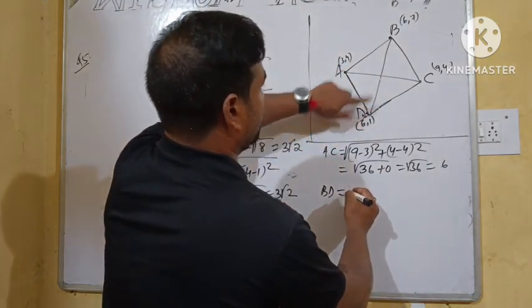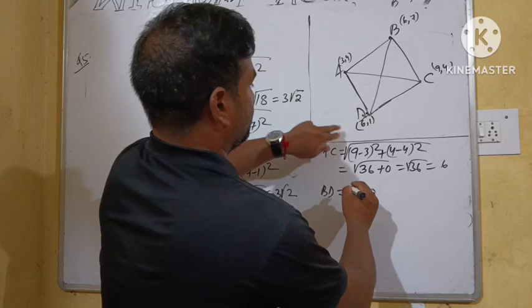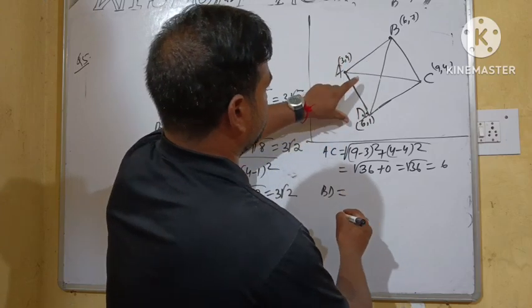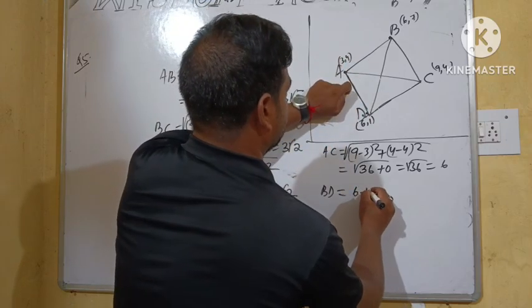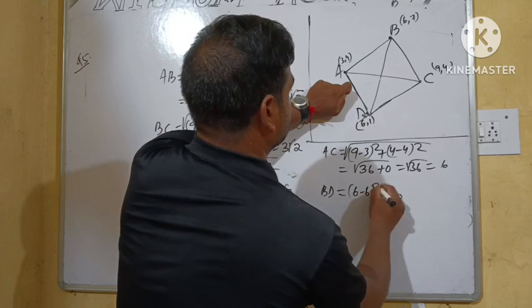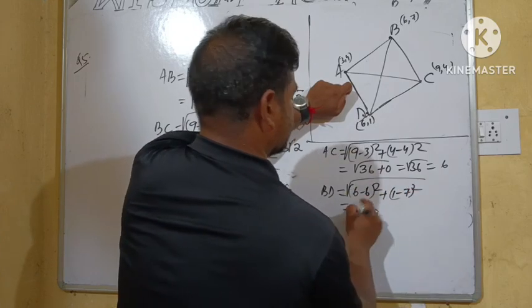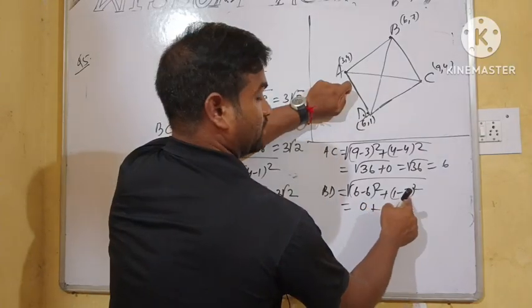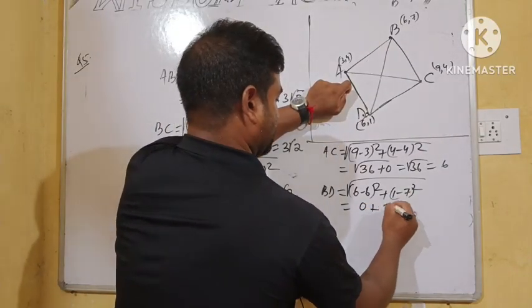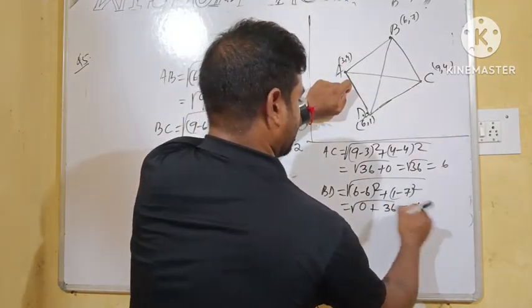The coordinates of D are 6, 1. The coordinates of B are 6, 7. So find the distance BD: (6 minus 6) whole square plus (1 minus 7) whole square. 6 minus 6 is 0, the square is 0. 1 minus 7 is minus 6, the whole square is 36. Square root of 36 is 6.